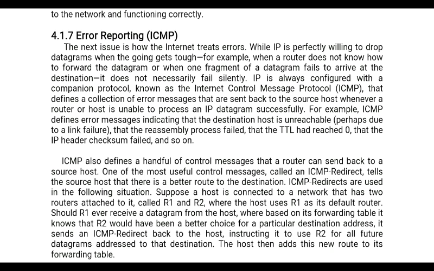Some examples of these error messages: what error messages do you get whenever you face a problem in processing an IP datagram or connecting to the network? One example is that the destination host is unreachable. Whenever you want to connect to a particular host in the network, you use a command called the ping command.